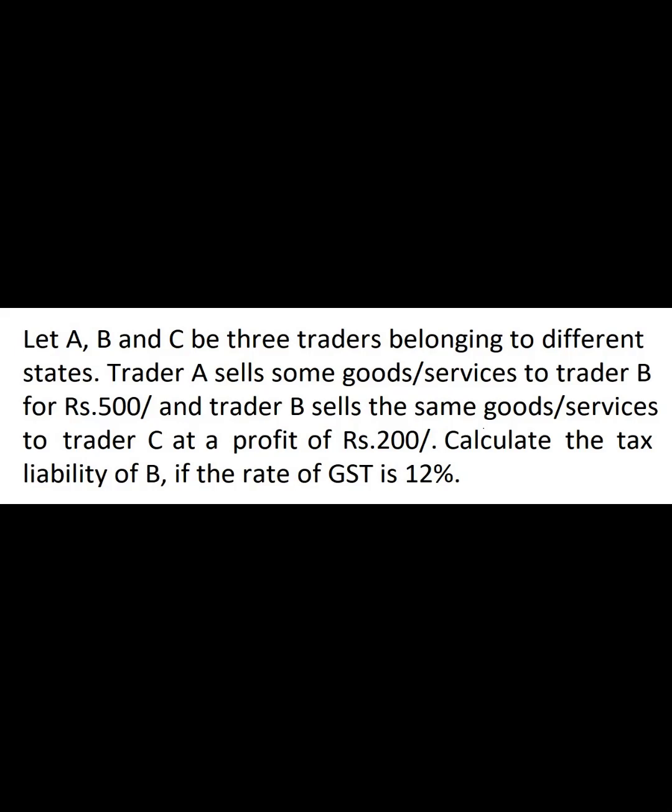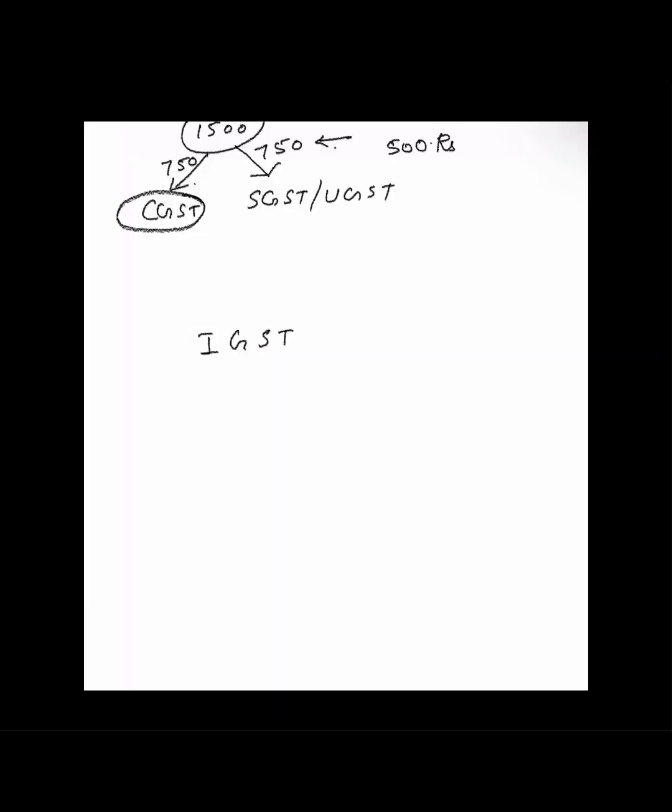Calculate the tax liability of B if the rate of GST is 12%. So A, B, and C belong to different states. Different state means what is coming? IGST is what we have. We don't have CGST, we don't have SGST, only IGST.